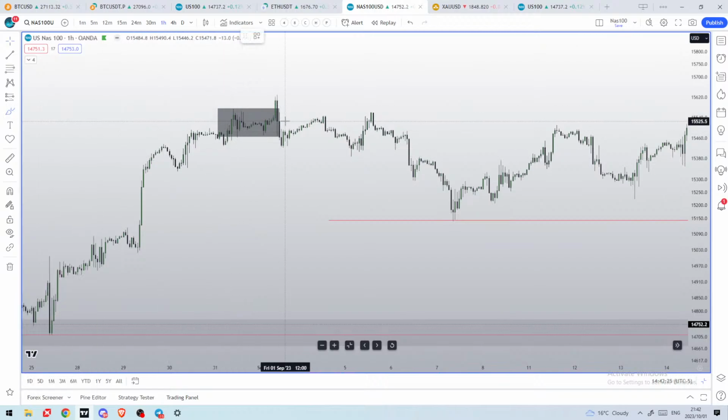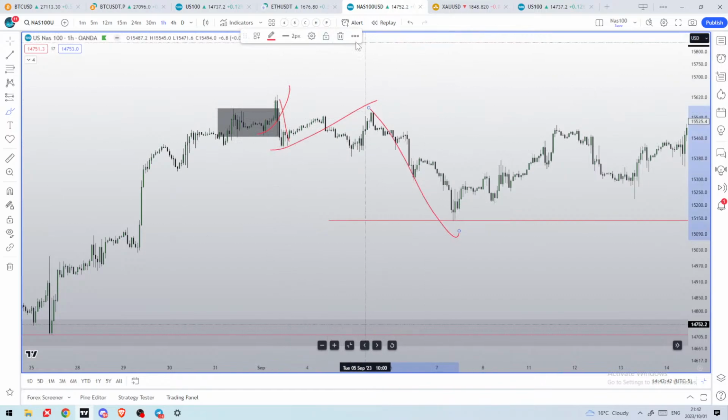We always want to see price should never expand from consolidation. We should never see a case where we just started running lower or expanding lower. Or ideally you want to see that Judas swing or the run on liquidity, then the dealing range, retracement, and then the expansion.